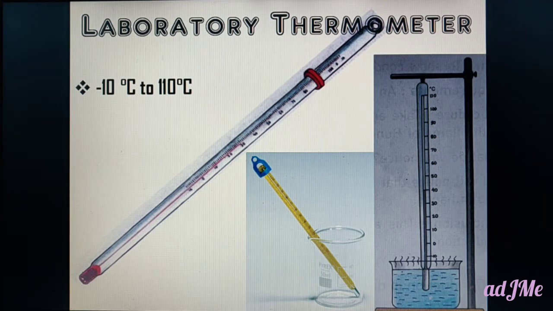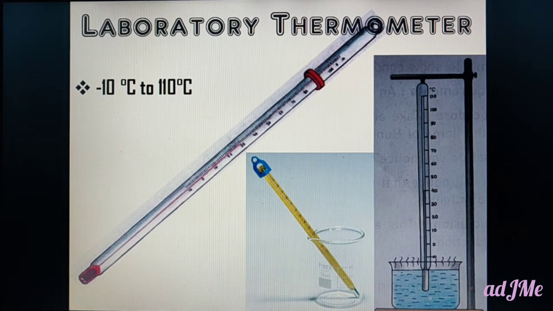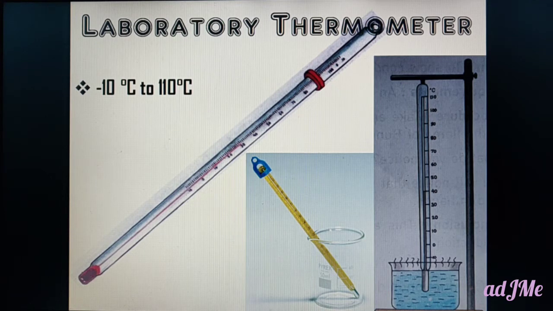It may be tap water or boiling water or any other liquid. And again, as I said just now, see to it that the bulb does not touch the container, as in the diagram on the right hand side. After a minute, remove the thermometer from the water and the stand, and then you can note down the temperature of that liquid.